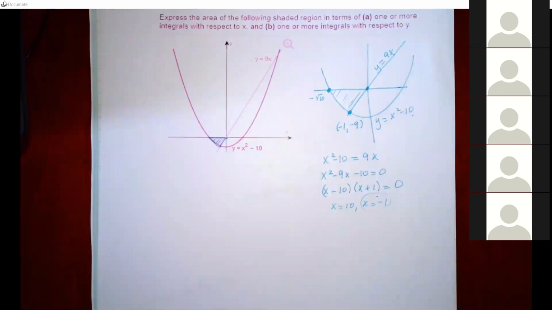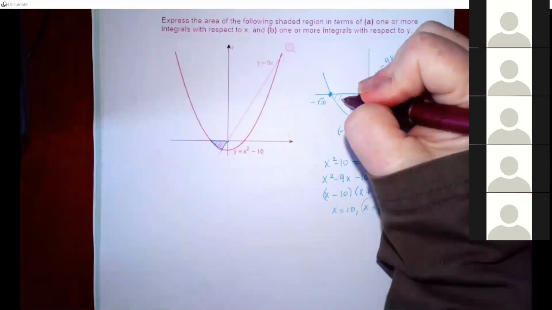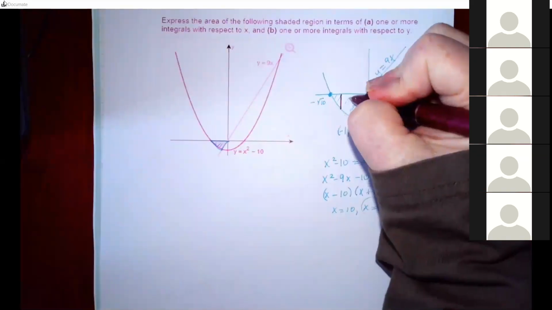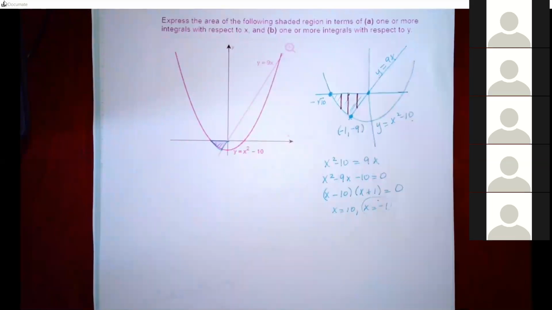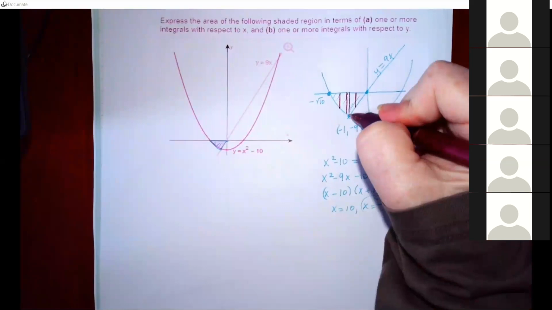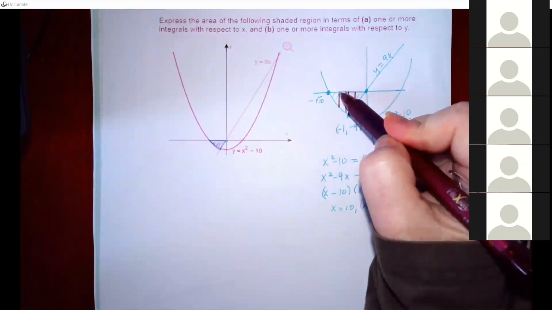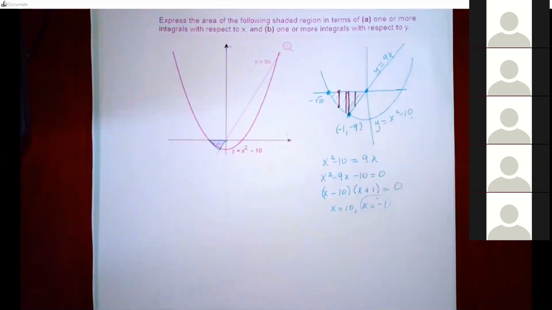Okay. Now, if we are going to do vertical rectangles, in other words, x is the independent variable, I'm going to just draw a few in. And notice that to the left of this vertical line, the top graph is the x-axis and the bottom graph is the parabola.